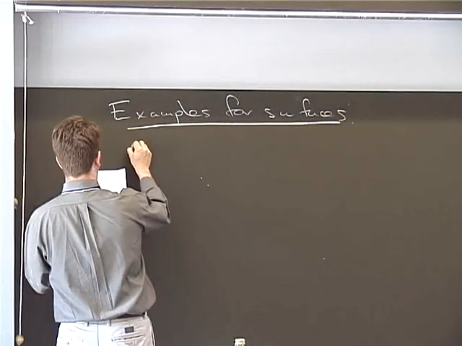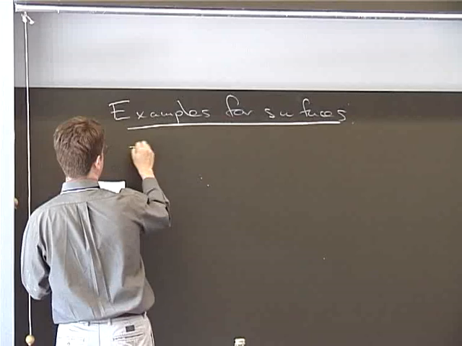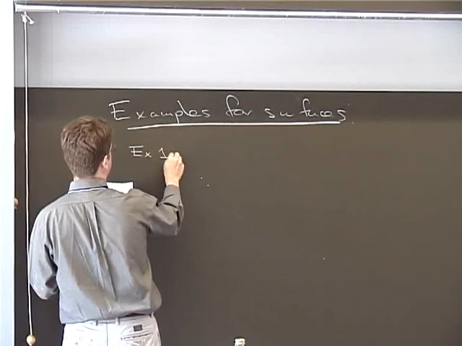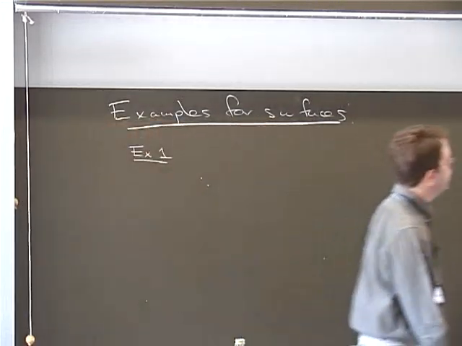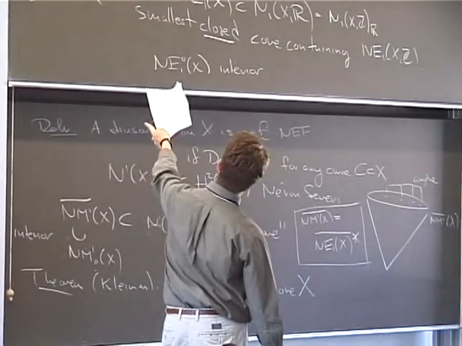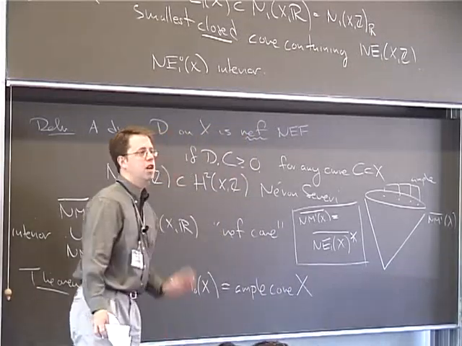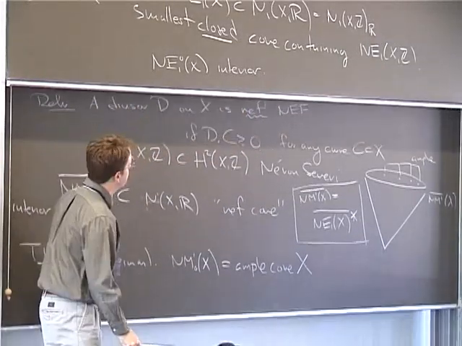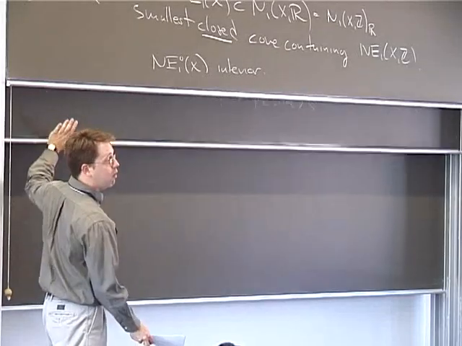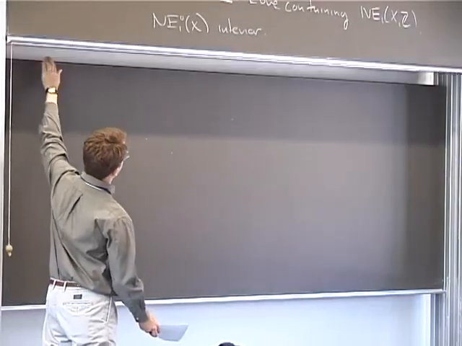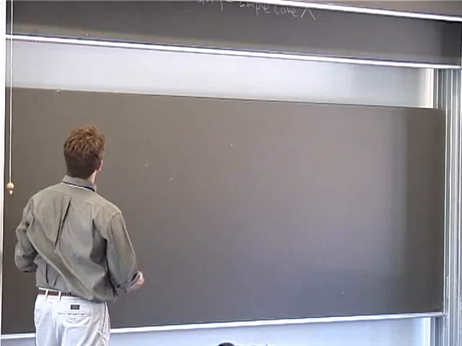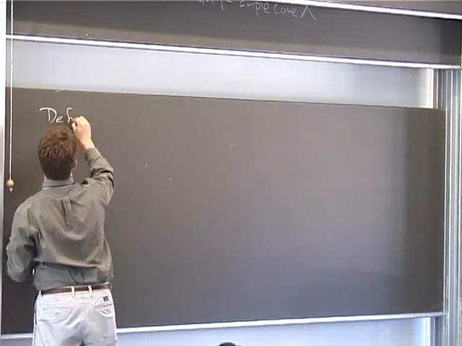So here's the first example. But before I do this, one thing I should say. I have the monoid of effective curves. I should also mention for balance, we have a monoid of effective divisors too.